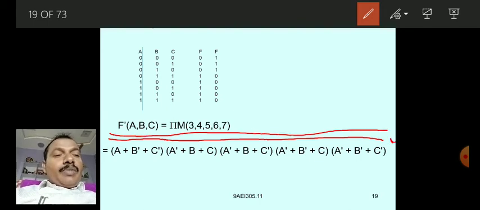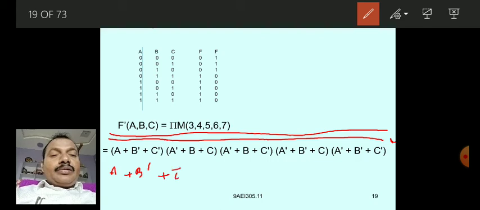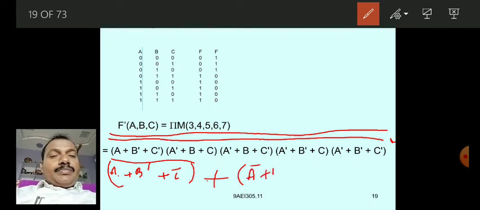For this lower bar you apply De Morgan law, then you will get like this: (a plus b bar plus c bar) bar. This dot function becomes OR function: (a bar plus b plus c).